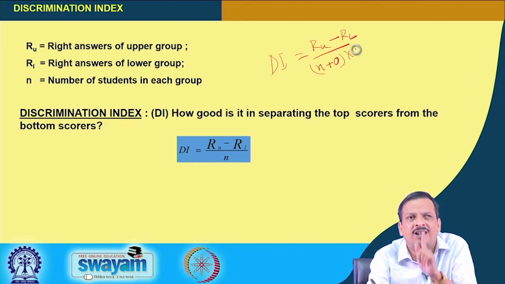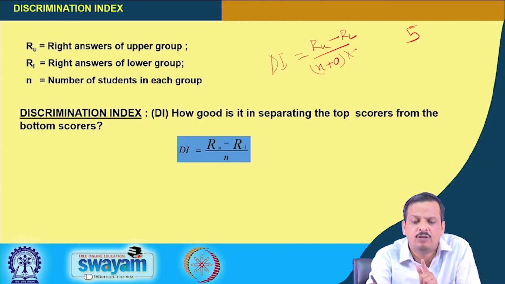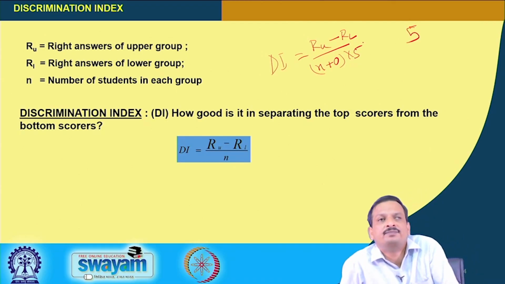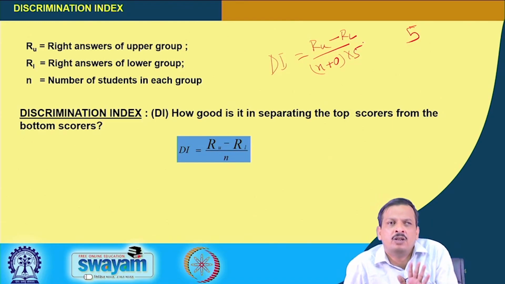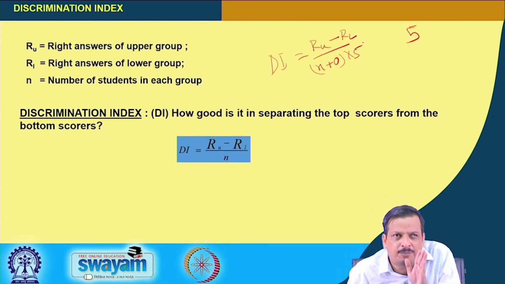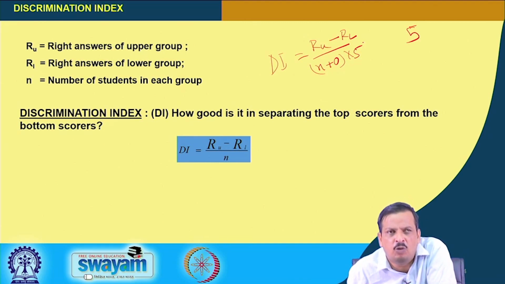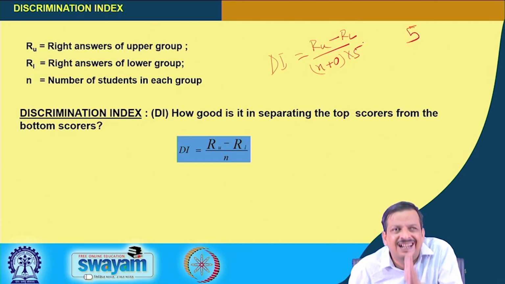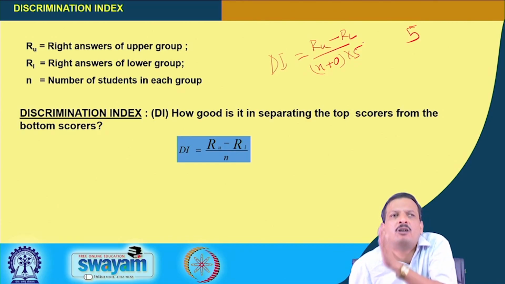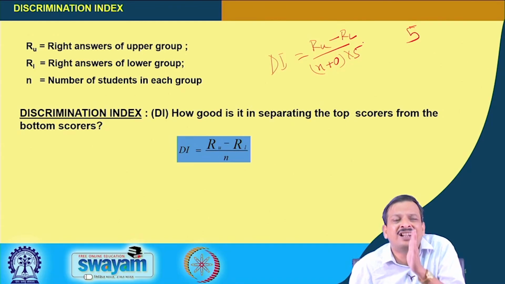Let the question be for 5 marks, then into 5. Have you understood? So, marks obtained by the upper group minus marks obtained by the lower group divided by n into the marks of the question. Here I am not taking n plus n, because discriminating index means only the upper group can give the answer.